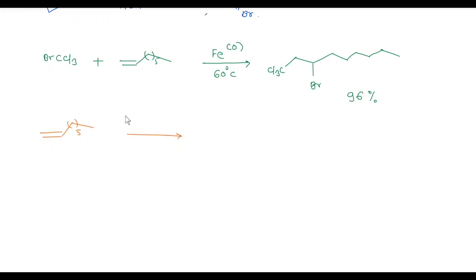This alkene is treated with CCl4 in the presence of peroxide and diethyl phosphite, and it gives this product in 55 to 57% yield.